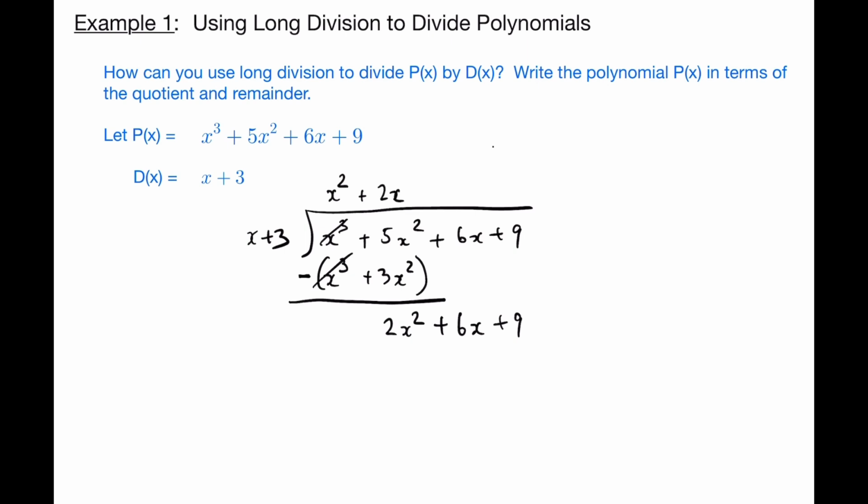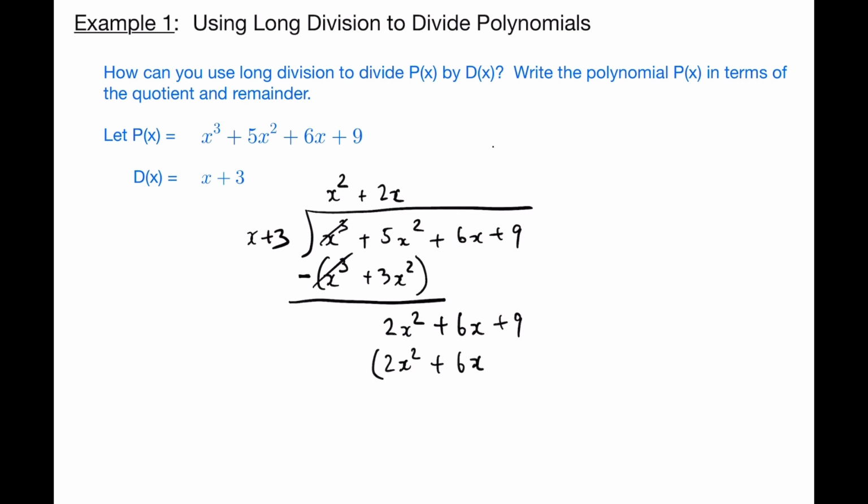Now we're going to multiply this 2x by x, and that gives us 2x squared, and then we're going to multiply the 2x by 3, and that gives us positive 6x.